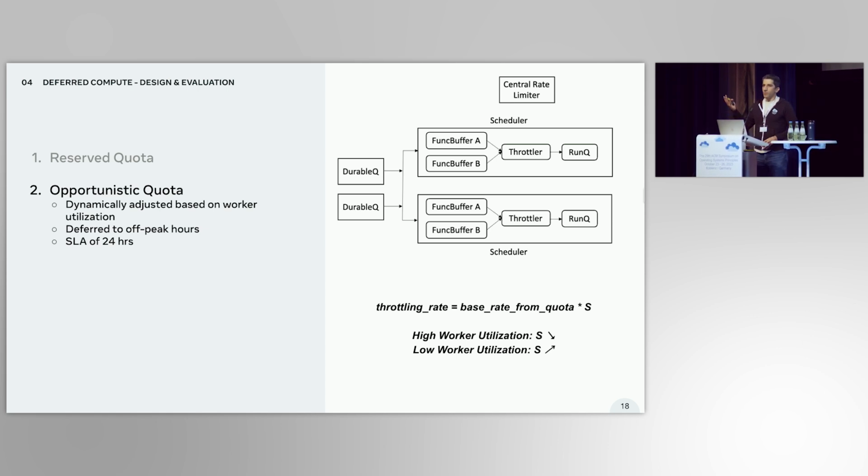So the higher utilization we have in our workers, the lower the throttling rate, and we're going to throttle these functions a lot heavier. And the lower utilization we have during off-peak hours, we're going to let these functions execute more often. So overall, we're able to use this feature to defer execution of these functions to off-peak hours. And because of that, we offer an SLA of 24 hours to the customers.